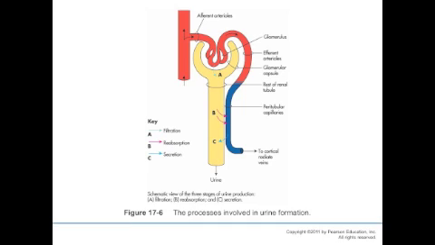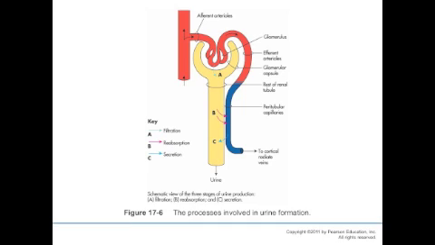If you look at this figure, and you may need to look at it in your textbook, you can see that filtration takes place from the glomerular capillaries across into the renal tubules at the top of the glomerular capsule.